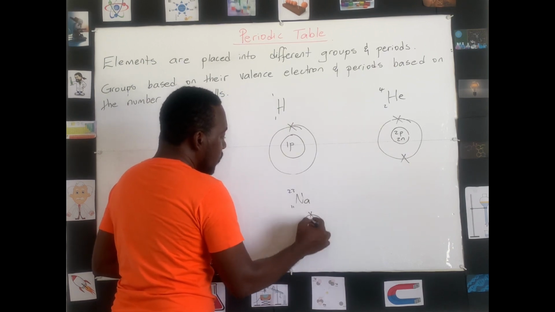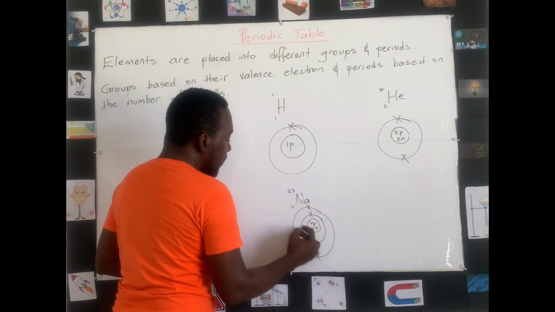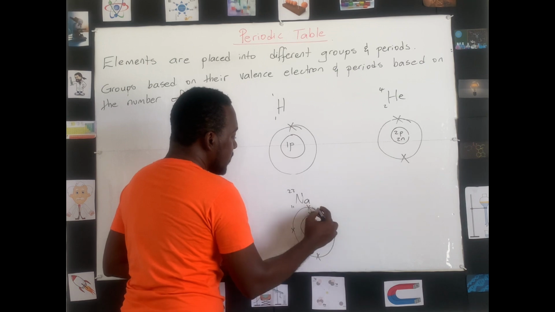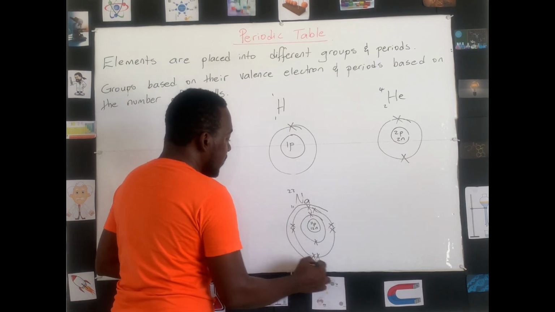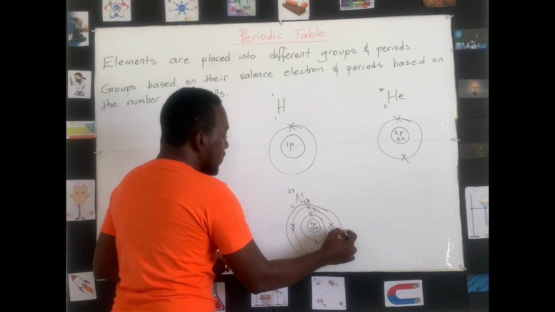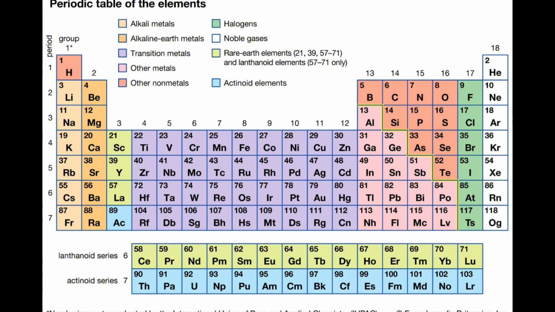It has 1, 2, 3, 4, 5, 6, 7, 8, 9, 10 electrons, and then the final shell has 1 electron there. So it's still in group 1, right? Because it's in group 1, it has 1 electron on its outer shell. Now, if you look at the period that it's in, it has 1, 2, 3 shells. If you look on the periodic table, it will be in period 3.